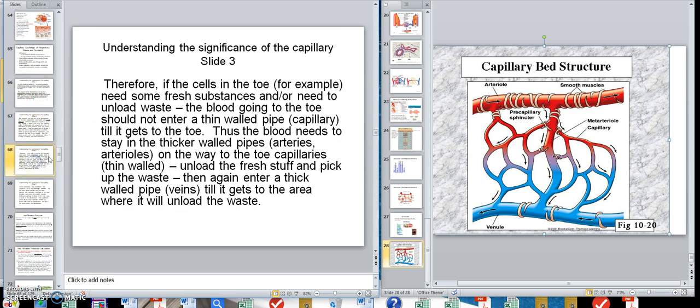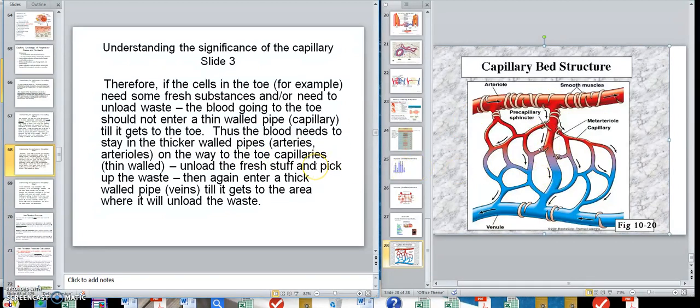Okay? Therefore, if the cells in the toe, for example, need some fresh substances or need to unload waste, the blood going to the toe should not enter a thin wall pipe till it gets to the toe. It has to get to the toe first, otherwise you would release your product. Thus, the blood needs to stay in the thicker wall pipes on the way to the toe, and then at the toe go into the capillary bed.